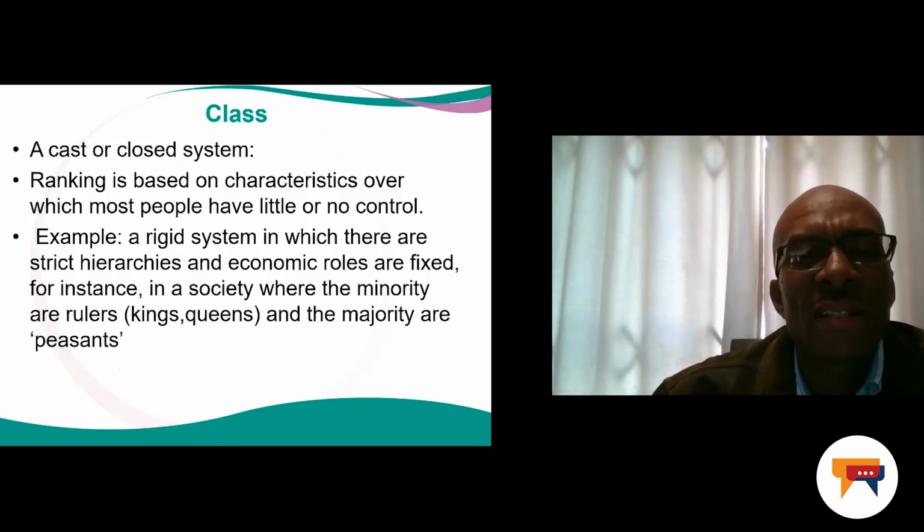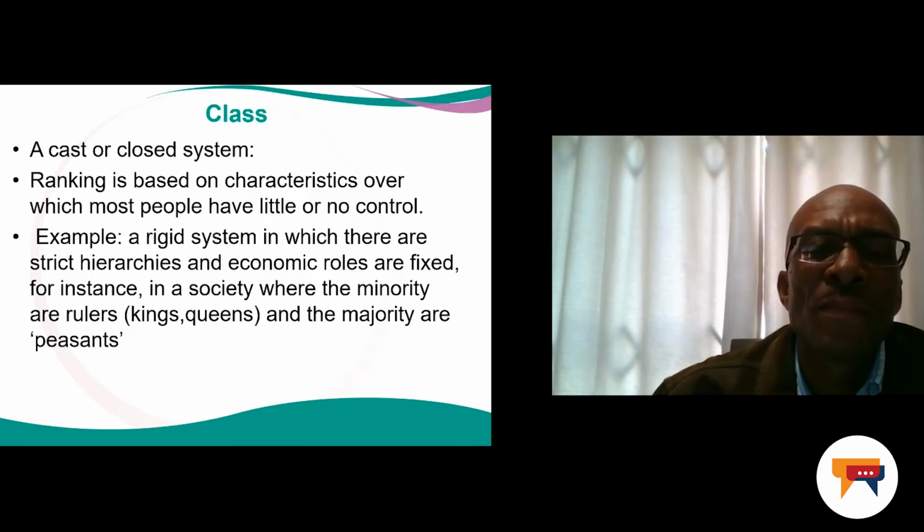The second is the closed system or the caste. In this particular system, ranking is based on characteristics over which most people have little or no control at all, such as a rigid system in which there are strict hierarchies and economic roles are fixed.